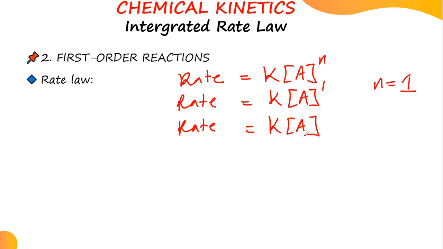So this means that our first order is dependent on a single concentration, while the zero order was dependent on what? On the rate constant only. But the first order is dependent on a single concentration, because it's raised to the power 1. Is it clear? We're just having one reactant here.